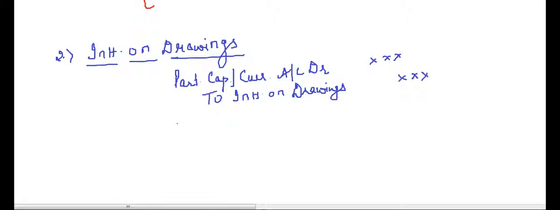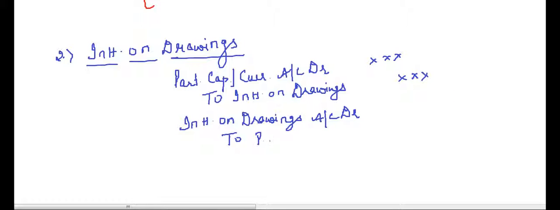Now when we receive this interest on drawings, because we have to close the interest on drawings account, the entry will be interest on drawings account debit to profit and loss appropriation account.